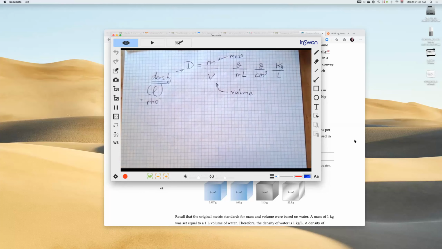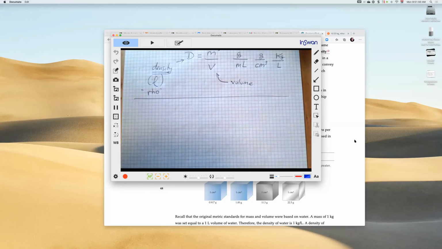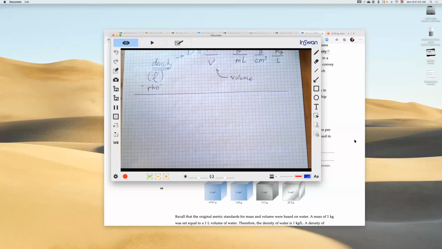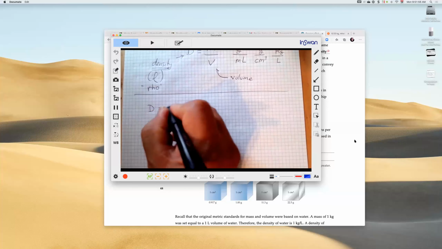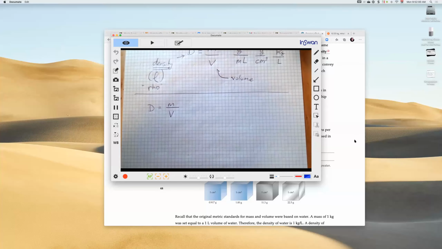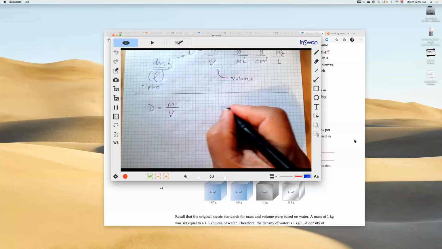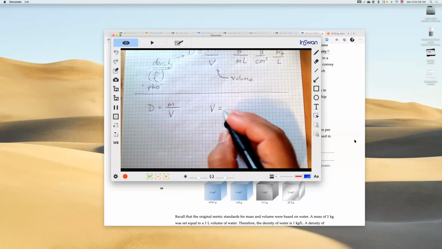Now, I'm going to give you 3 formulas just to save you some algebra. But of course, if you know algebra, you don't need to see what I'm going to write down. This is the formula for finding the density if you know the mass and the volume of something. This is the formula for finding the volume if you know the mass and the density.